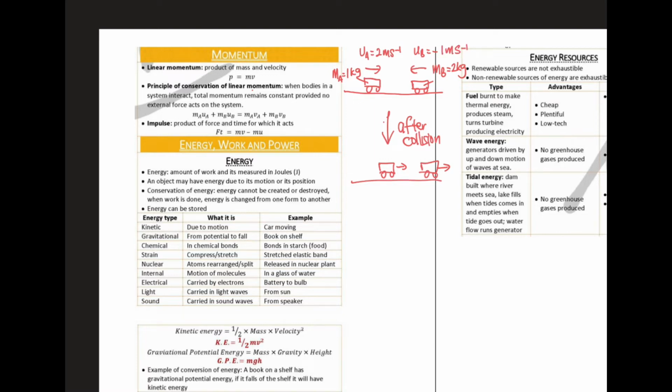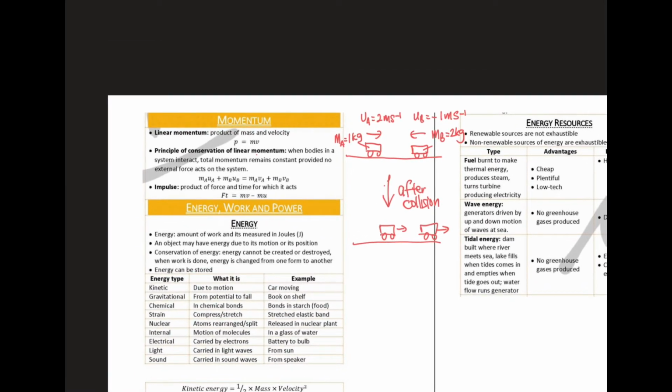After collision, let's say this is still 1 kg, and the velocity, moving forward, let's say 1 meter per second.